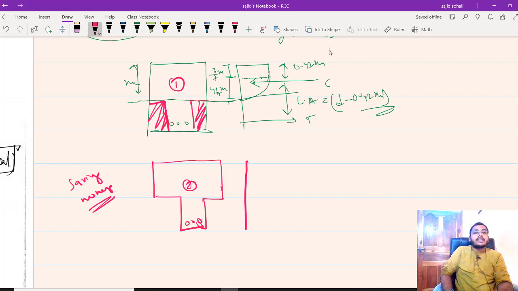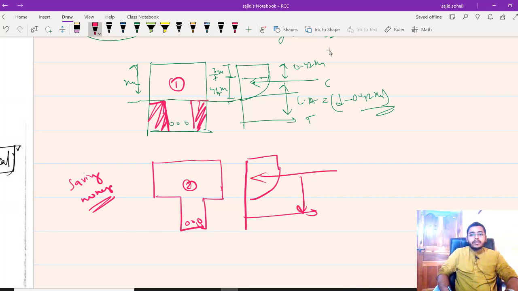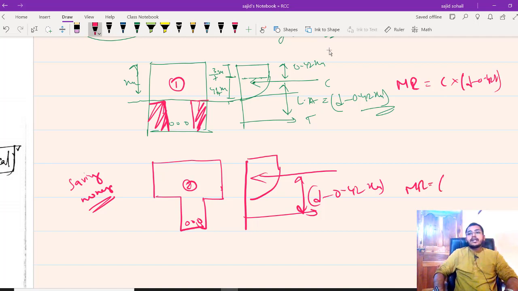Even if you are drawing the stress diagram, it will be pretty much same. No change, you haven't changed anything, the diagram lies pretty much same. Agreed or not? Where is your lever arm? It is pretty much same. No change at all, d minus 0.42 xu. Right? And what is your moment of resistance? Moment of resistance in this case will be C into LA, which is d minus 0.42 xu, and here also your moment of resistance is equal to C into d minus 0.42 xu, and there is no change.